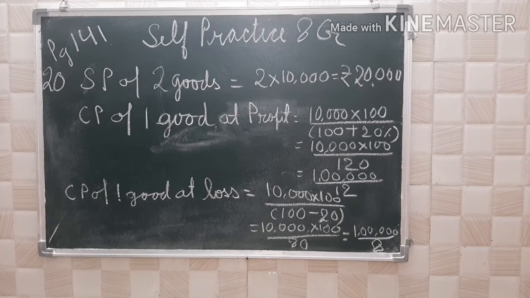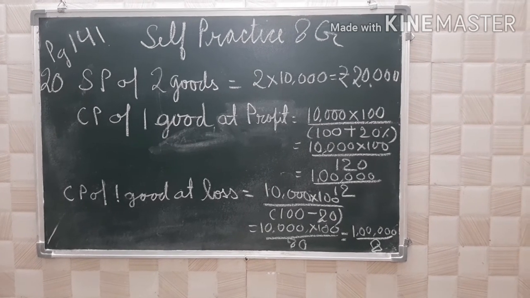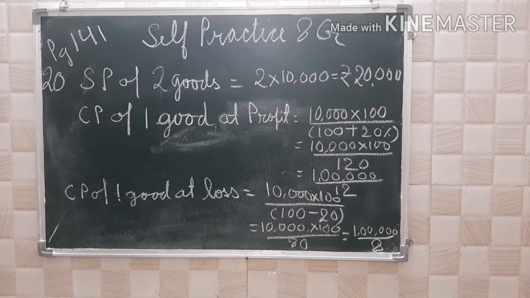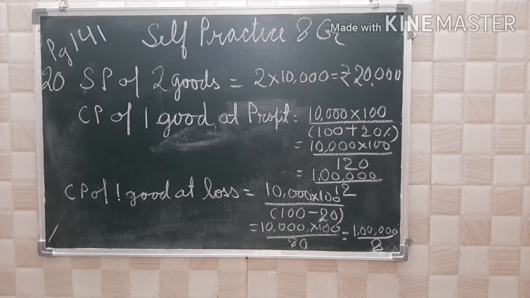Now see question number 20. It is given a dealer sold 2 types of goods for rupees 10,000 each. On one of them he lost 20% and on the other he gained 20%. Find his gain or loss percent. So see here, CP of good at profit 20% is 1 lakh upon 12, and CP of good at loss 20% is 1 lakh upon 8.